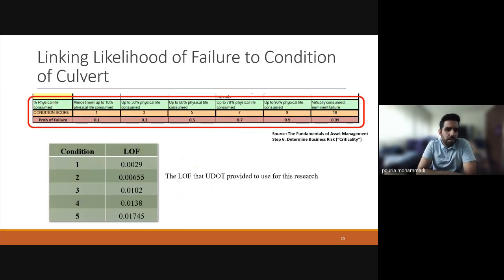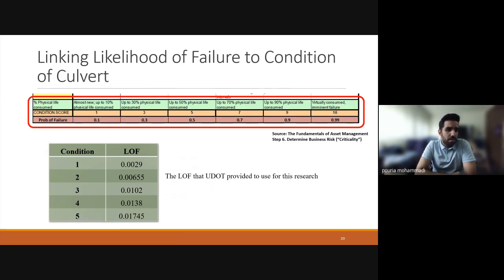For example, in different studies, likelihoods of failure are assigned to different conditions. They use different ranges, but they show a similar concept. Some of them assign weights between 1 to 10, some of them between 0 to 1.